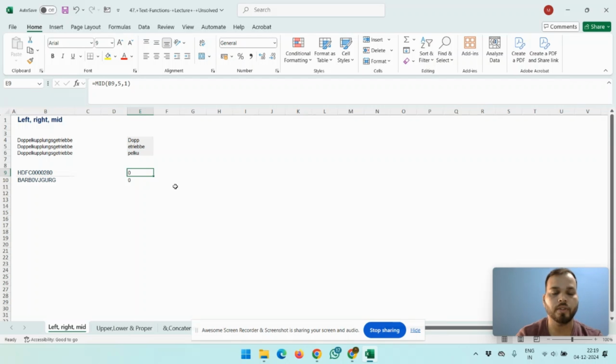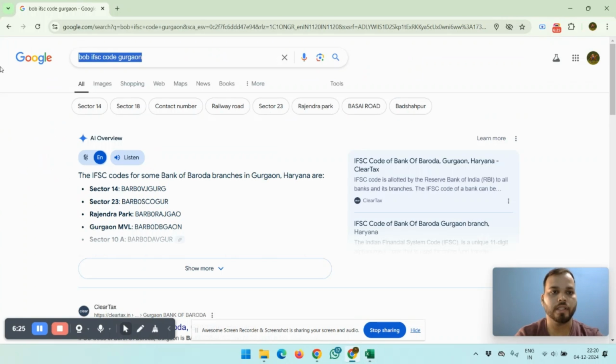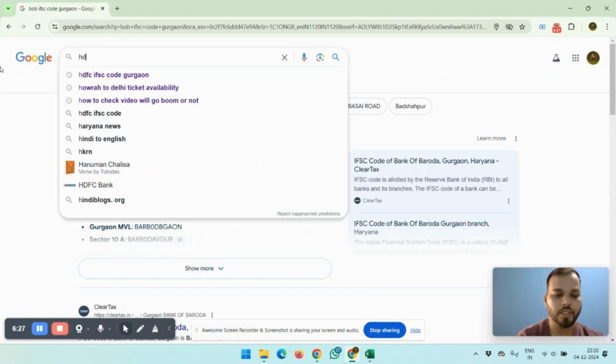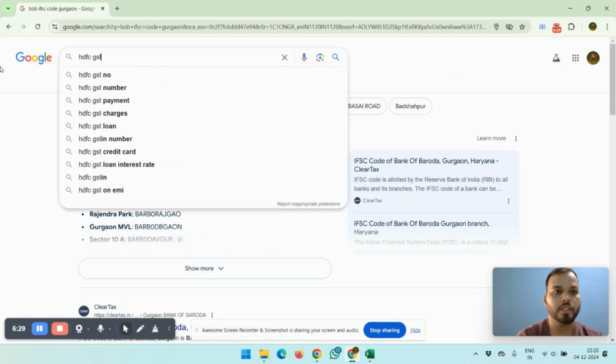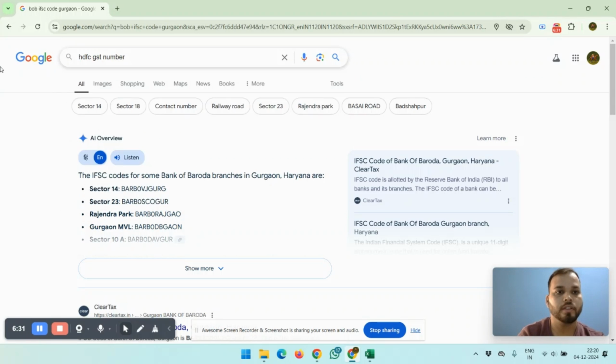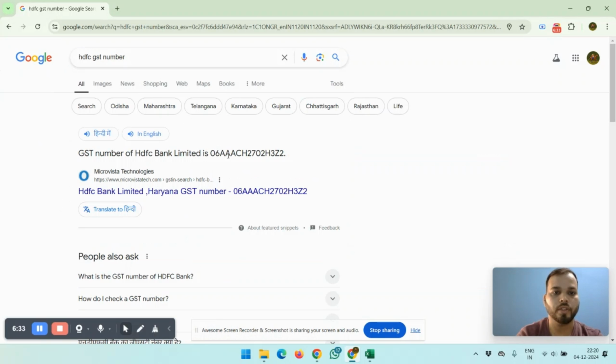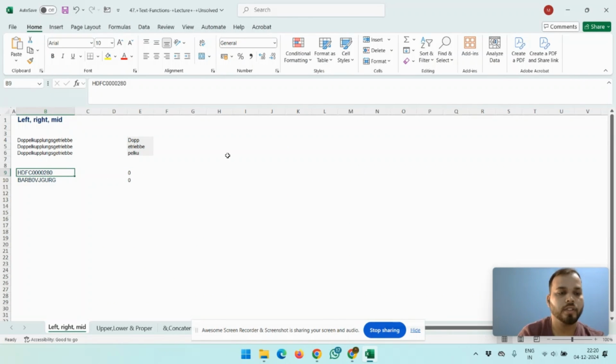If you want to know the PAN card through a GST number, let's find the HDFC GST number. Let's assume this is the correct GST number.